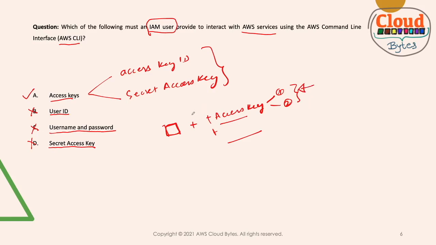Now, suppose a user has access to S3 only, using S3 read write. Then using this access key, any application that has this user configured using this access key, which is access key ID and secret access key, can programmatically read write the AWS service S3 depending upon these policies.